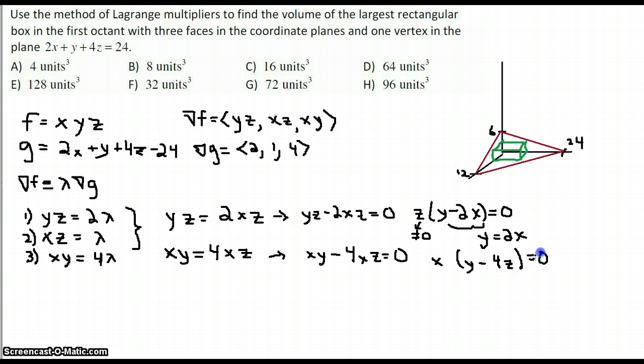So y is 4z. And that's actually enough. We'll have to take the fraction version of these: x is half of y, and z is a fourth of y.